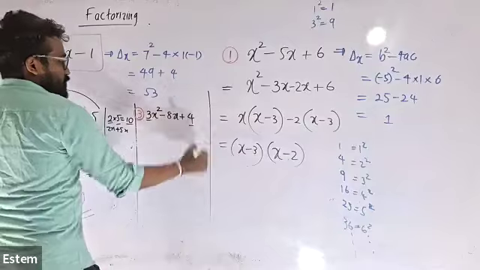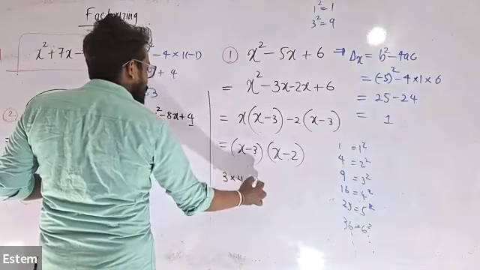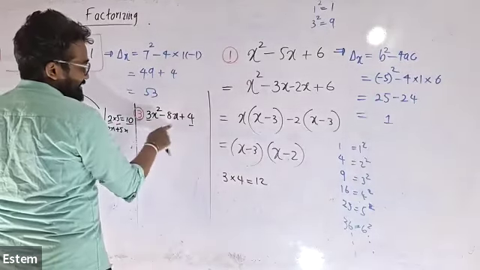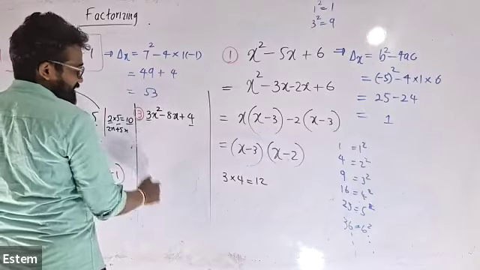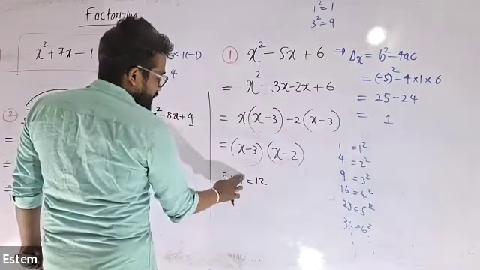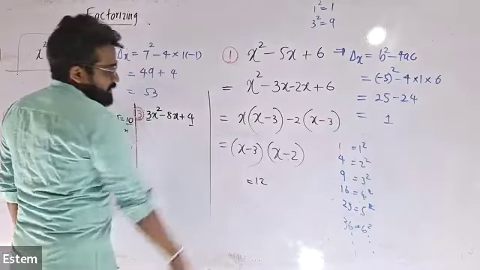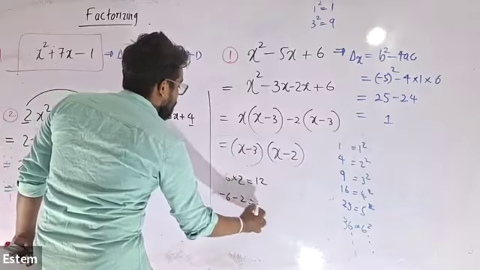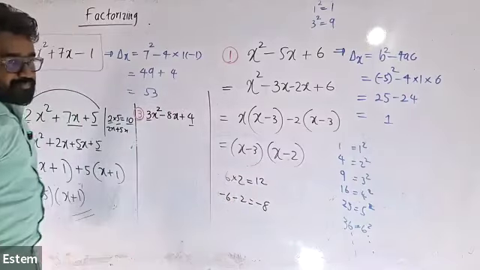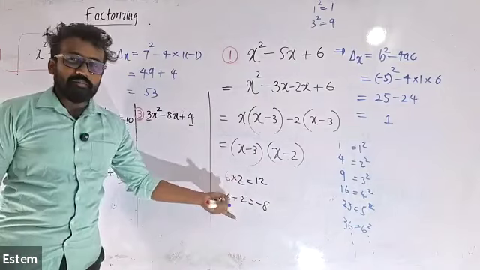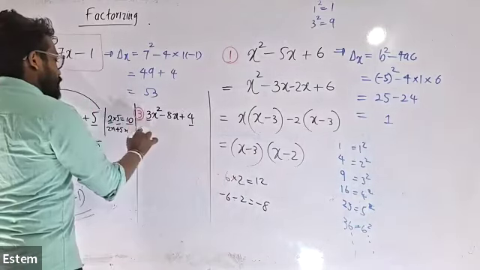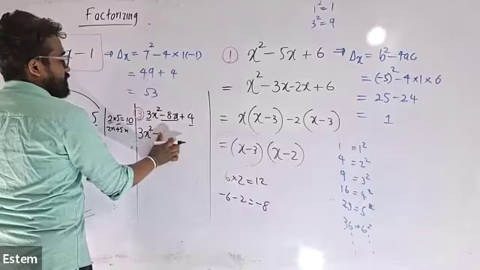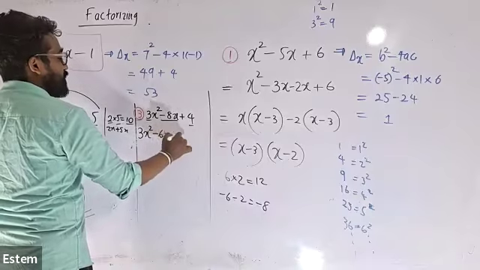We should multiply 3 and 4, no? So 3 by 4 is 12. How should we make minus 8? 4 by 3, it's not happening. Minus 12: 6 into 2. It is okay, no? This can be done by experience. So 3x squared minus 8x, we can write minus 6x minus 2x.